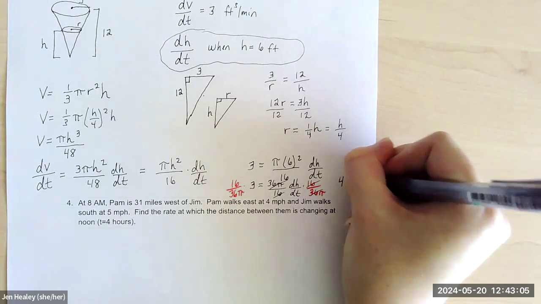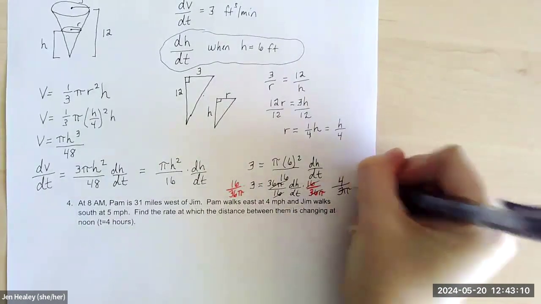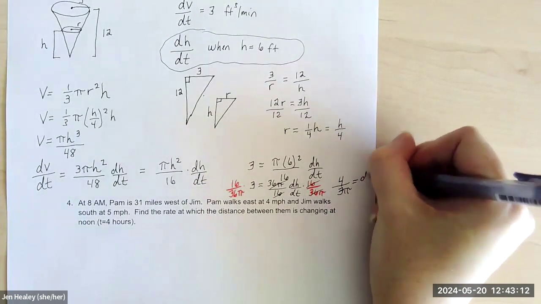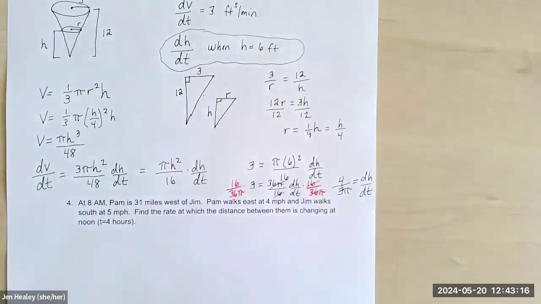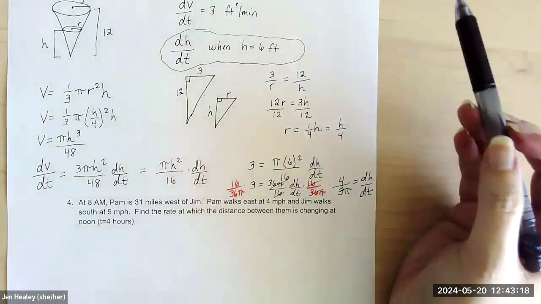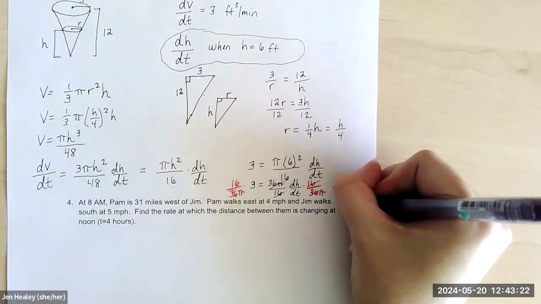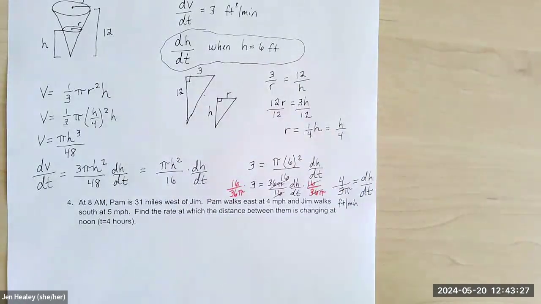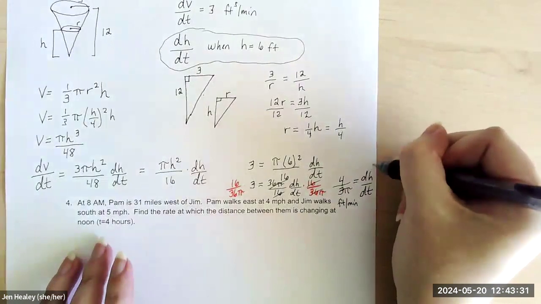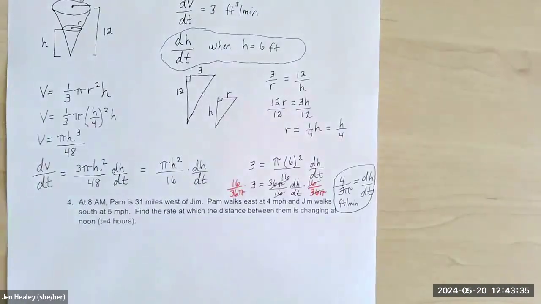So we get 4/3. The pi still stays in the bottom, is equal to dH dt. Our units on that thing are feet per minute. So dH dt is 4 over 3 pi feet per minute.